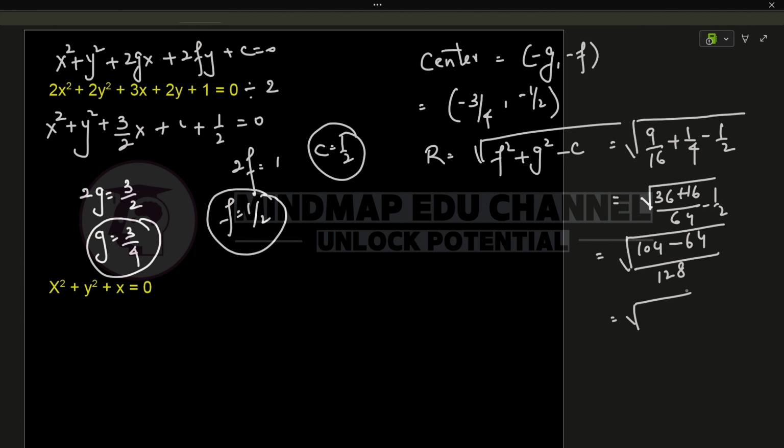And this will be 40 by 128. And thus we will get 5 by 16, and it will be root 5 by 4. So our radius will be root 5 by 4 units. Let's move on to the next sum.